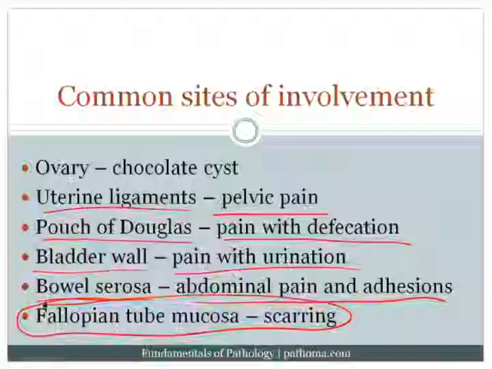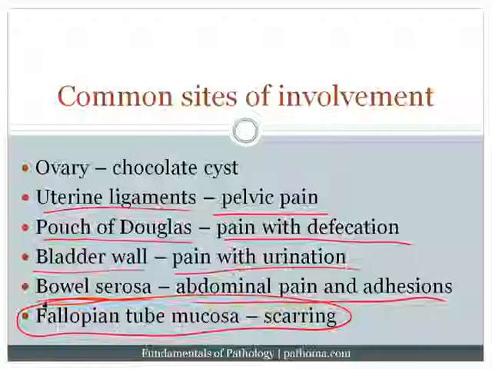That's going to increase the risk of infertility, and also the risk of ectopic tubal pregnancy, i.e. the implantation of the fertilized ovum into a place other than the uterine wall. So these are common sites of involvement, and these are some of the complications.